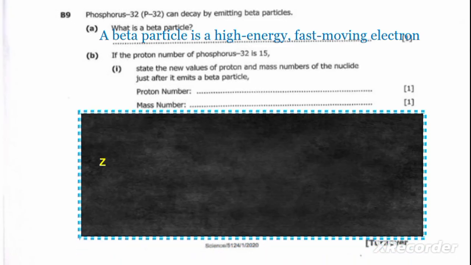So X, with proton number Z and mass number A, gives an element with an addition of 1 proton to its nucleus, plus a beta particle.